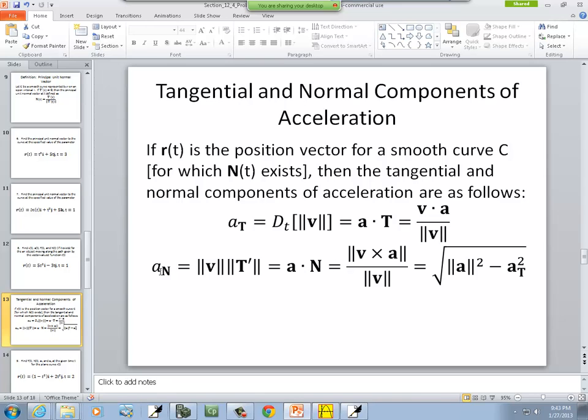Then for the normal acceleration, the dot product of a and n, or any of these other ones. The last one's kind of a nice one to use. So let's take a look at some problems dealing with this.